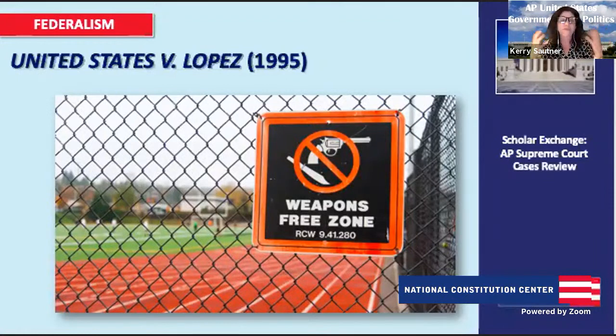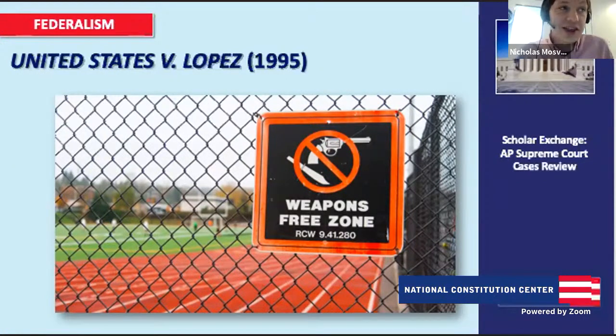Because in the next grouping, we have 5 cases that are connected. I think the theme over time that people are arguing about, and we're now 200 years past McCulloch, is just how far does McCulloch go? Was Marshall talking about still government of limited enumerated powers, but those powers were pretty broad? Or was he going beyond that? Was it almost unlimited power? So it was really a question of how limited this was.